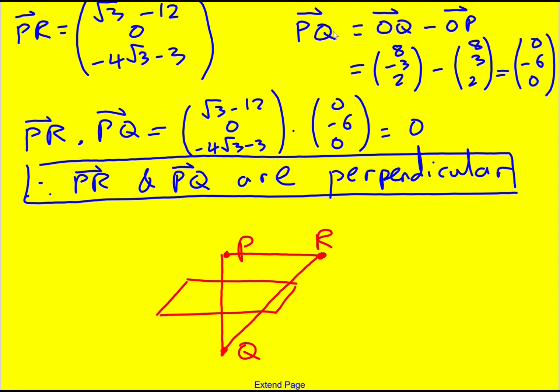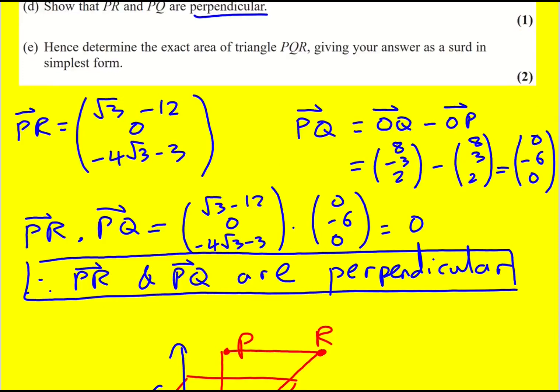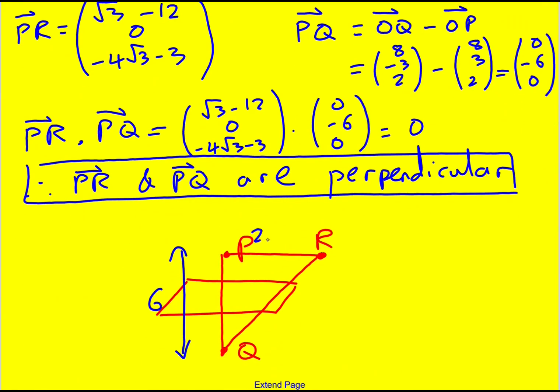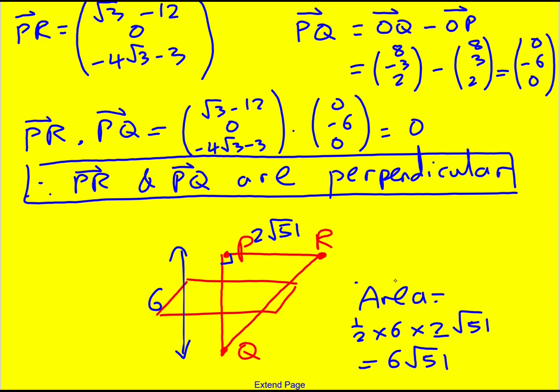We've just shown that PQ is 0, -6, 0, which actually means the magnitude must just be 6. And then previously, we found that PR, the magnitude was 2 root 51. And that's all we need, because remember, this is a right angle. So the area is going to be a half times 6 times 2 root 51, which becomes 6 root 51. Brilliant.